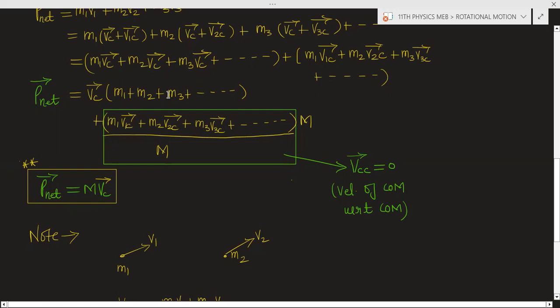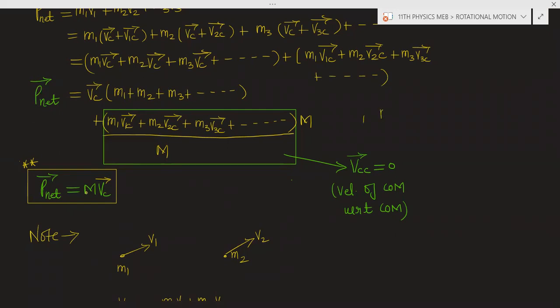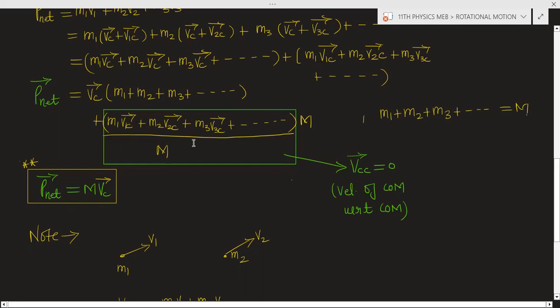The body is made up of masses m1 plus m2 plus m3 and so on, and this is equal to the total mass of the body, that is M. So this term will become 0, this term will become 0, so we have only this term, and this term is capital M. That is why we will get capital M into VC, so that is why I have written M into VC. Now understood?